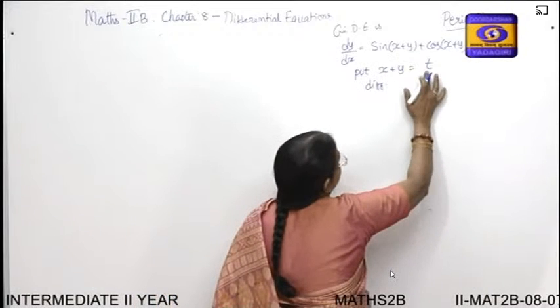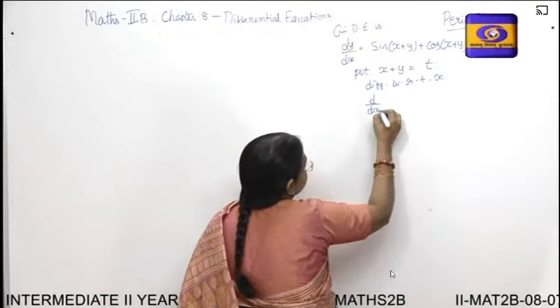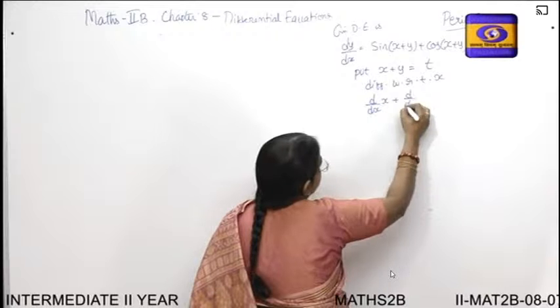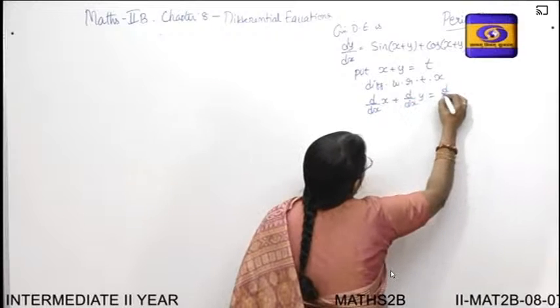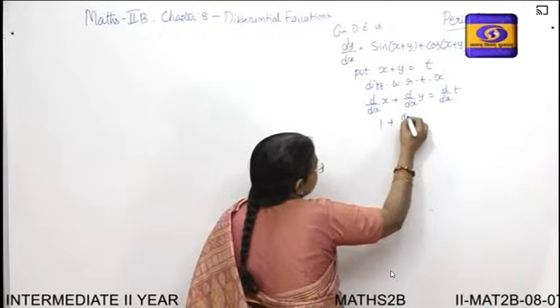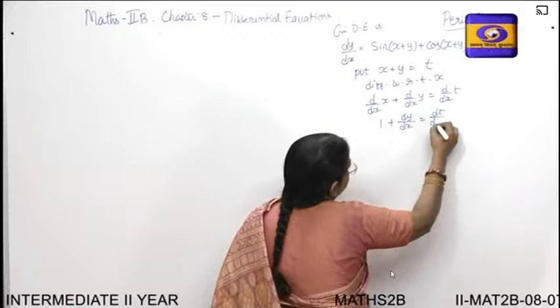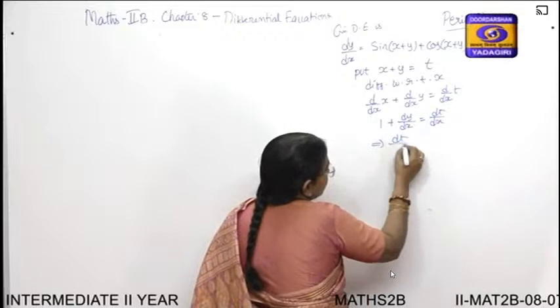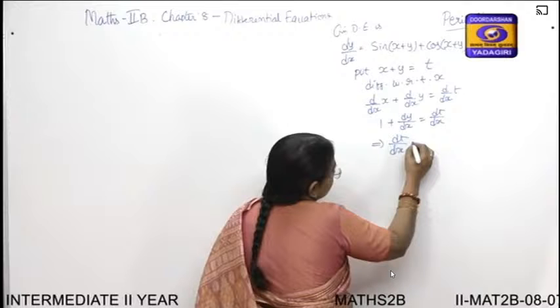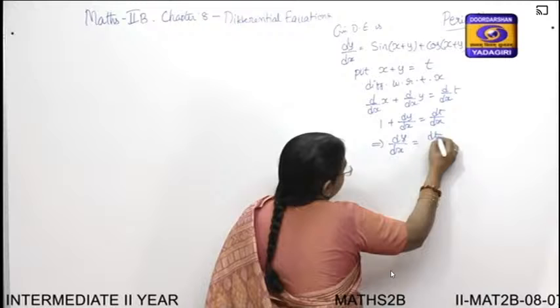Differentiating with respect to x, it is d by dx of x plus d by dx of y is equal to d by dx of t. So d by dx of x is 1. So 1 plus dy by dx is equal to dt by dx. That means dy by dx is equal to dt by dx minus 1.